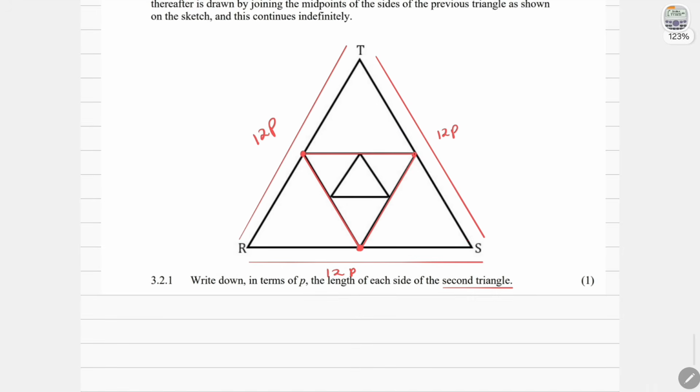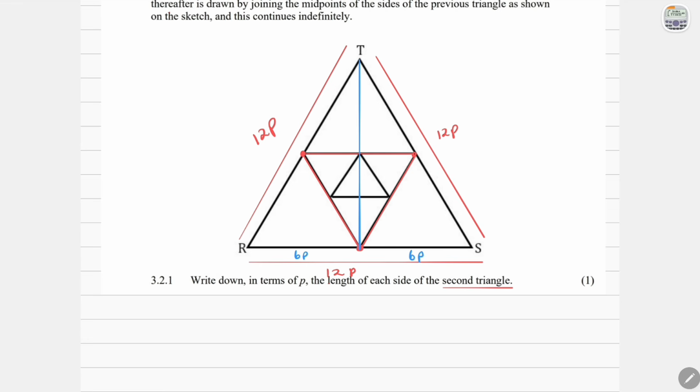Okay, so what did they say about how this triangle has been drawn? It's drawn by finding the midpoints of each of the sides. So if we took this length, we can even look at it from this side. If we found the midpoint of this, then that would mean that this over here is 6p units, and then that's 6p units.